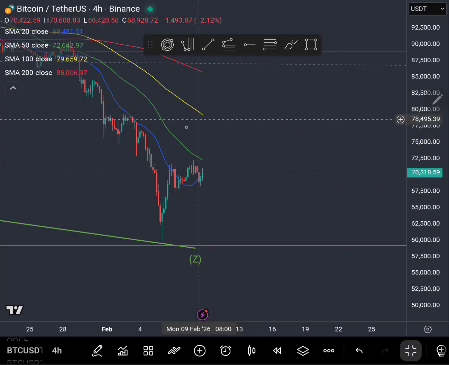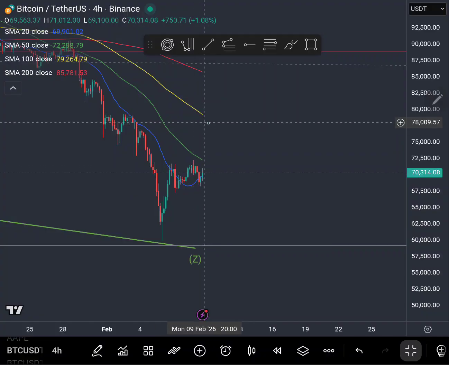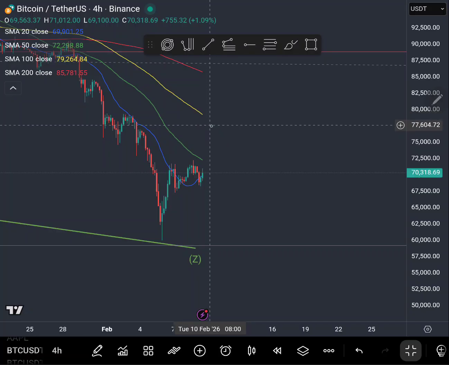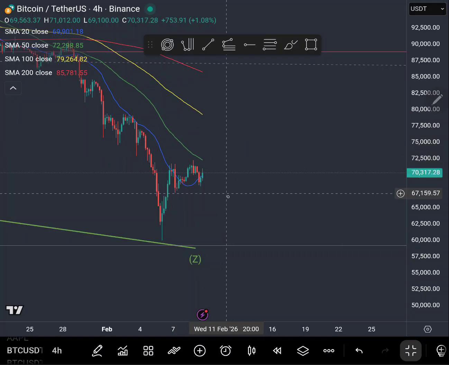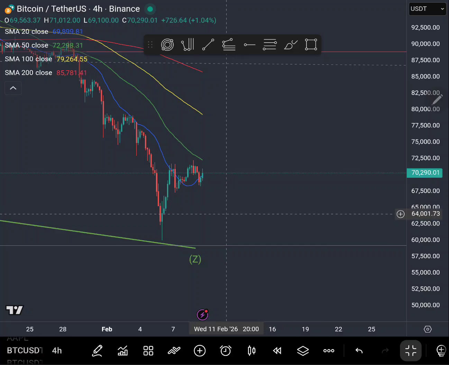Maybe we'll see price shoot up to about 77,000 or 80,000 or something like that. And then maybe it'll come back down a little bit.